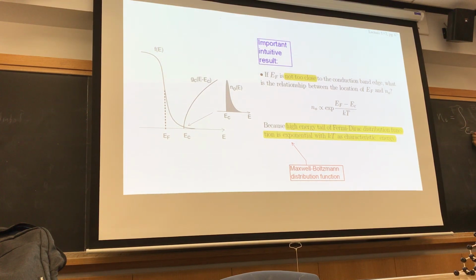I need to integrate from EC to infinity of f of E, which depends on EF, times GC of E, dE. What's going to happen to the variable E after I do this integral? It's going to go away. It's a variable of integration.